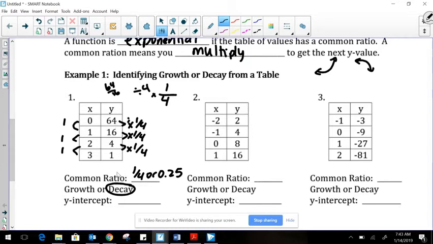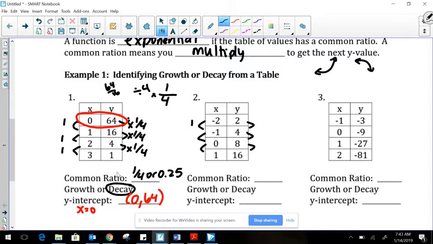And then my y-intercept, that is when x equals 0. So it's this line here. So my y-intercept, that's when it crosses the y-axis, would be (0, 64). Okay, number 2 then, our common ratio. Draw my little arrows.